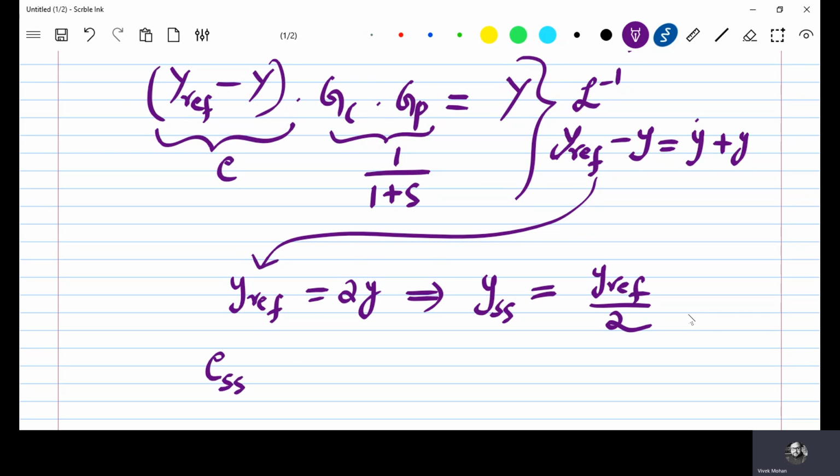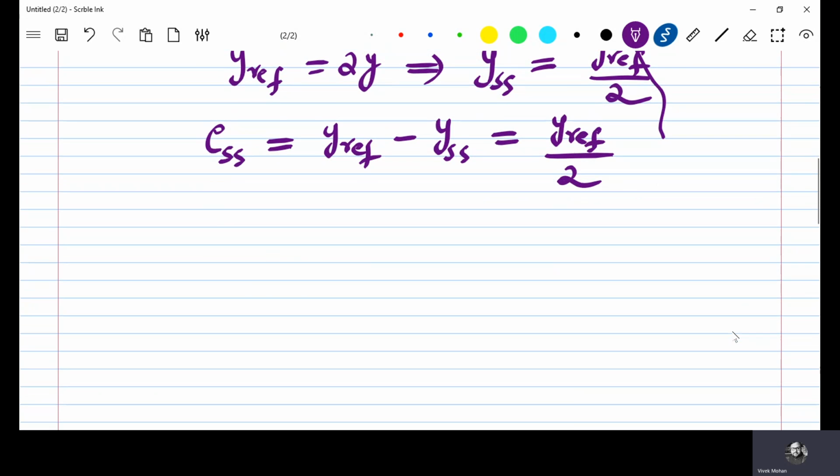Now what about ESS? Steady state error is yref minus YSS, right? Yref minus steady state output YSS. This is the actual output when t tends to infinity. This is equal to yref by 2.